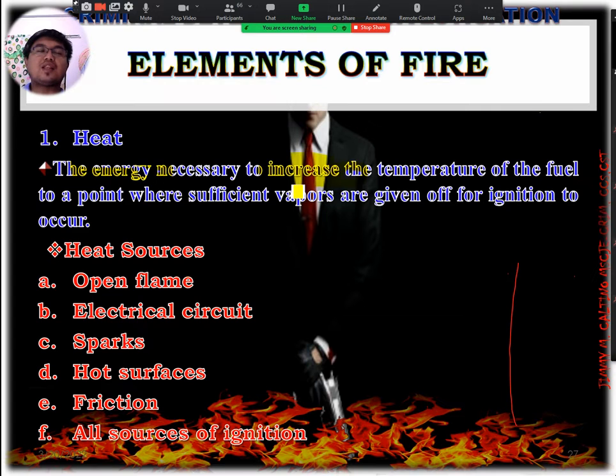Now, pagtatanungin kayo sa board examination, do all combustible matter need to reach the same temperature or ignition point?